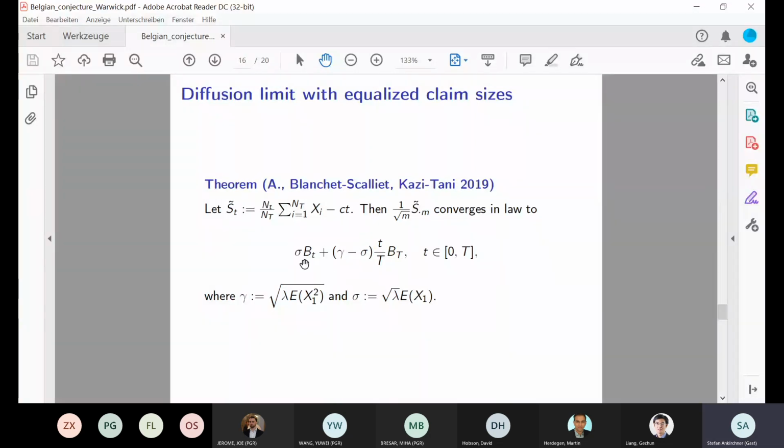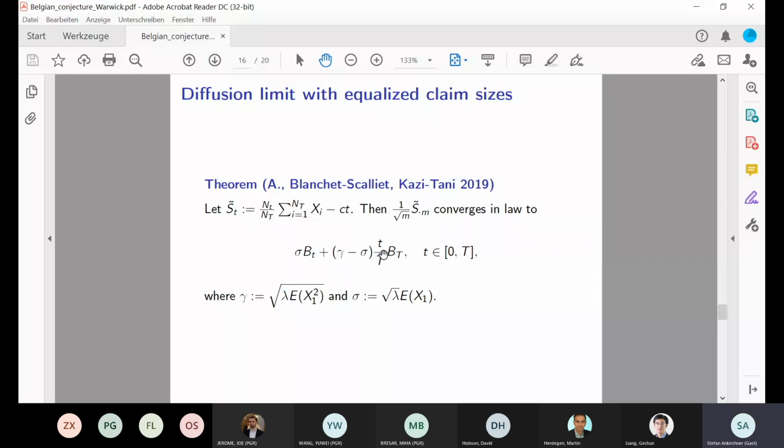So we have a Brownian motion B, but the Brownian motion appears here at the time capital T. So this is some anticipating process, and it looks similar to a Brownian bridge, but it's not a Brownian bridge, though it's very similar.